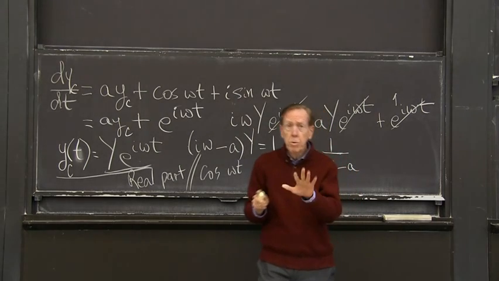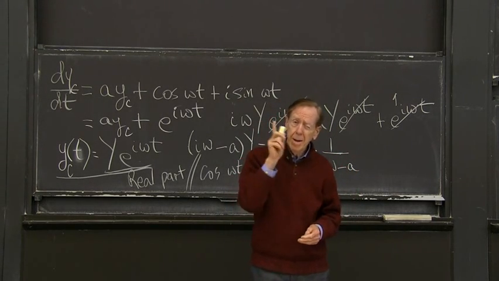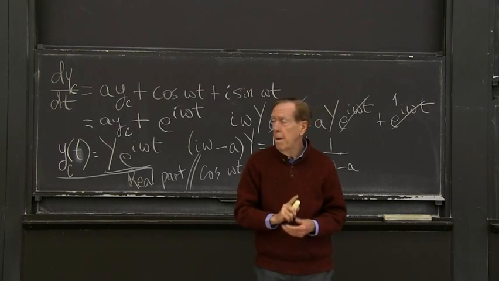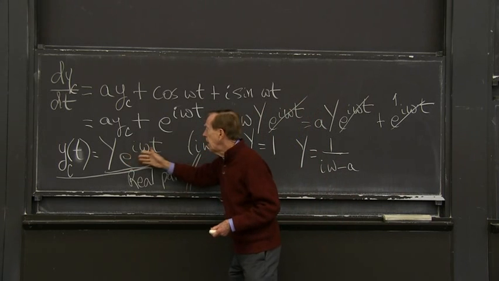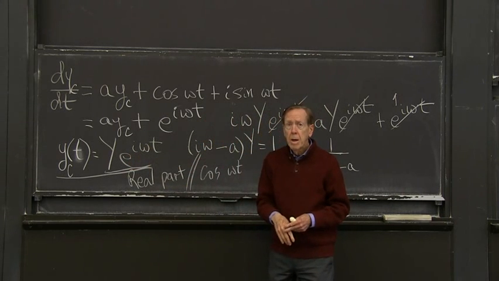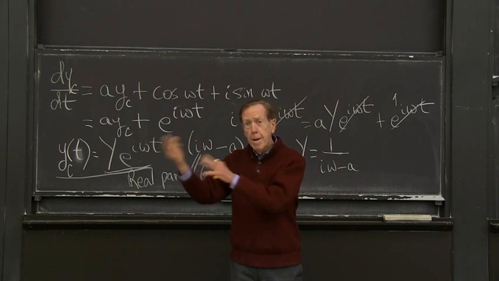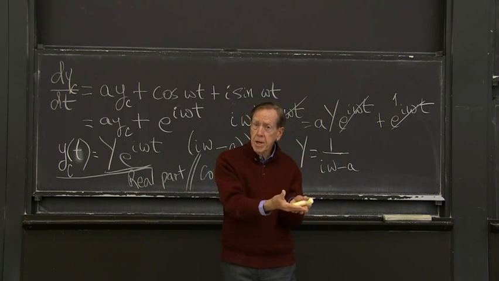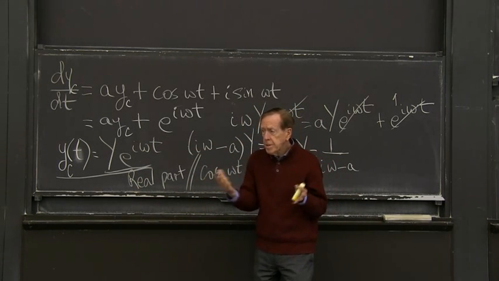So two problems solved, one method, but there's a step that I have to take. How do I find the real part of this expression? The real part's easy if the complex number is written a plus ib. The real part is a, the imaginary part is b. But I don't have it as a plus ib.